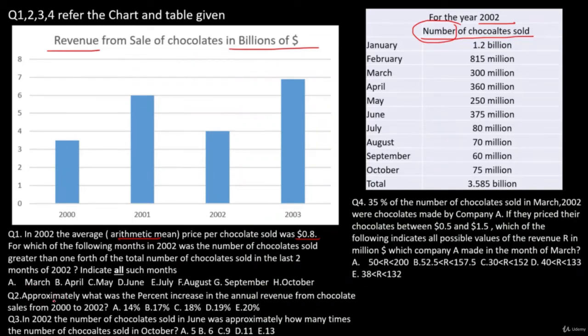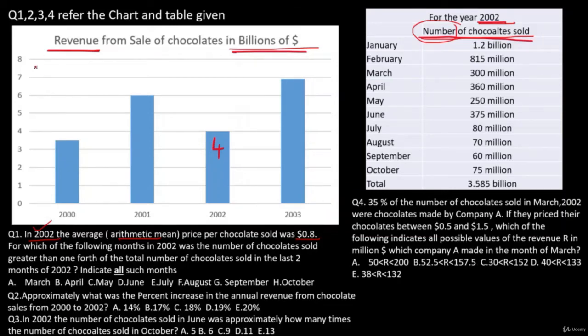Now remember the chart over here talks about revenue in billions of dollars, and the table over here gives us the number of chocolates sold in the year 2002. Now we know that in the year 2002, which is the year of the question, $4 billion were made from the sale of chocolates, right? So this bar over here is at 4 billion. Now it's given that the average price per chocolate was $0.8. Remember, average is the total divided by the number of chocolates, right?